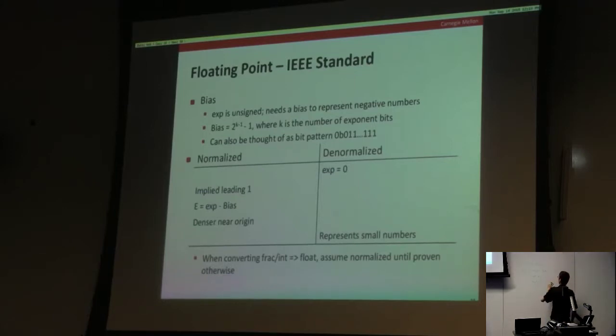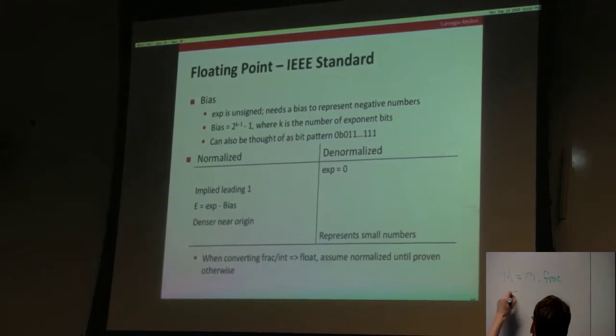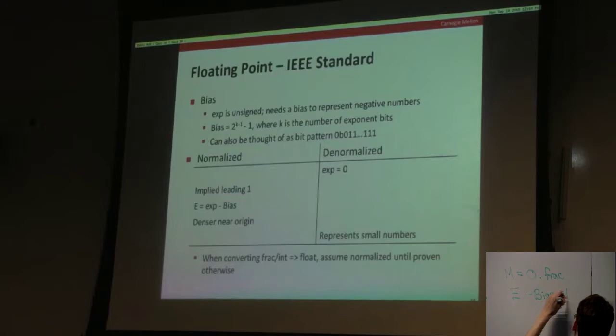So with denormalized, we're going to say m is actually equal to 0 dot whatever is in the frac bits. And the exponent is going to be negative bias plus 1.